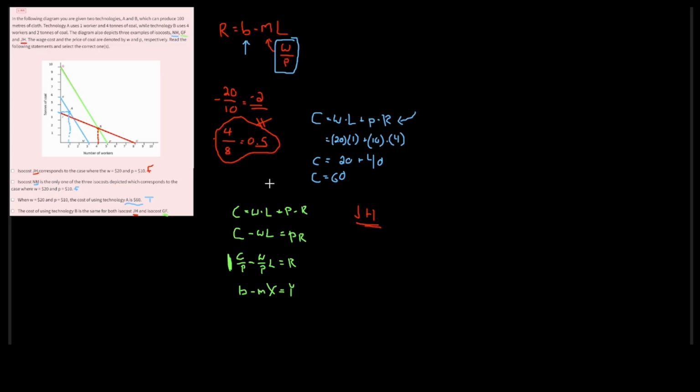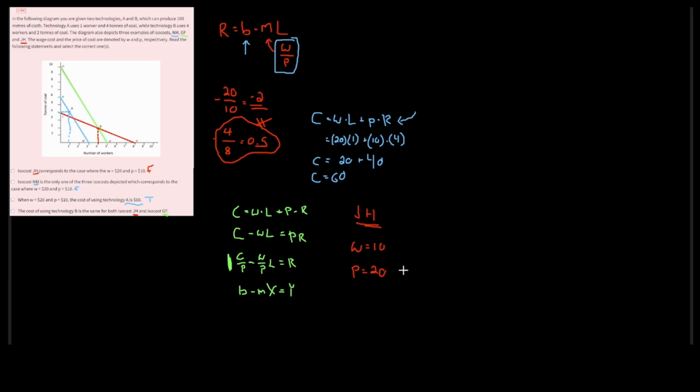Let's just, because, hey, look at all this, 20 and 10, let's just use that to get our 0.5. So let's set our wage equal to 10. Let's set our price equal to 20. Just taking a look at that, that gives us a slope, negative wage over price, 10 over 20, 1 over 2, 0.5.